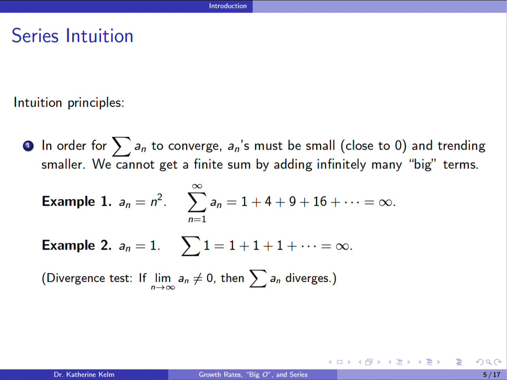But you might have already learned, and you can see the divergence test does not say the converse, which is if the terms do go to 0, that's not enough for the series to converge. So we need some more intuition.